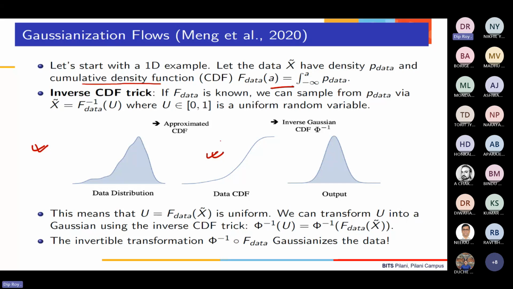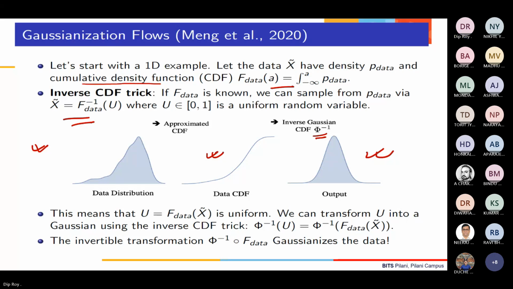If you know your CDF, you can apply a Gaussian inversion on this CDF and make this a Gaussian. So what are we trying to do? If F data, that is your CDF, is known, we can sample X tilde from P data via this particular thing.